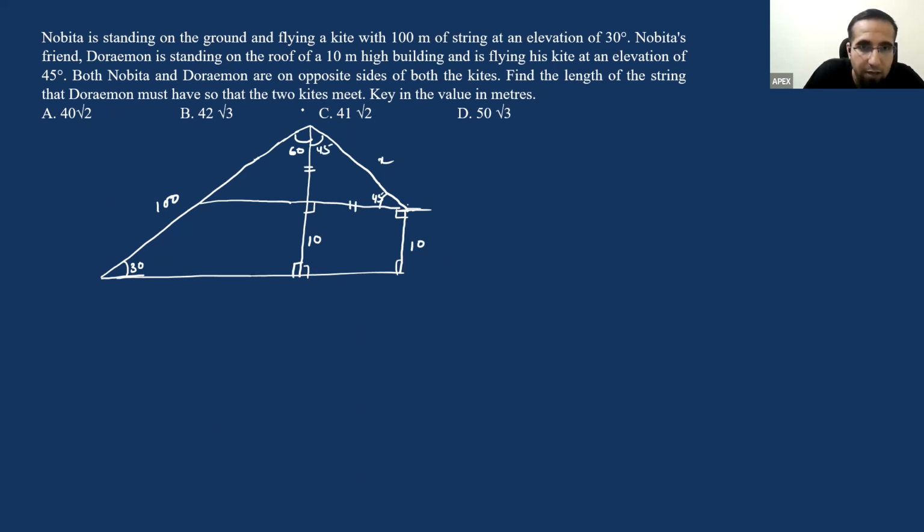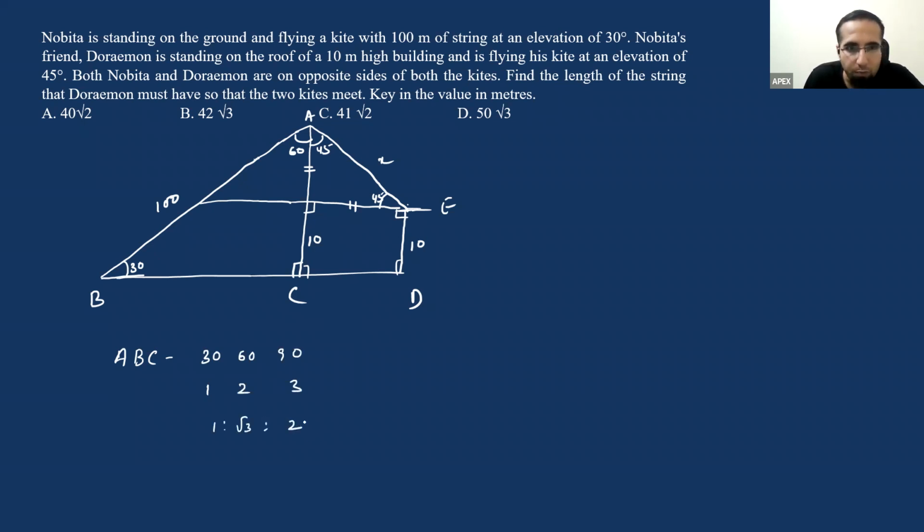In this triangle, the larger triangle, let me name this as A, B, C, D, and E. Okay. So in the triangle ABC, I can apply the rule called 30, 60, 90. If the angles are 1 is to 2 is to 3, sides are 1 is to root 3 is to 2. So if two parts is equal to 100, one part is equal to 50. So what is that one part?